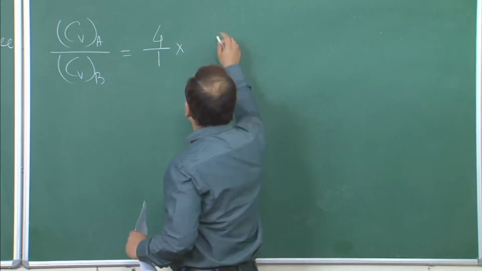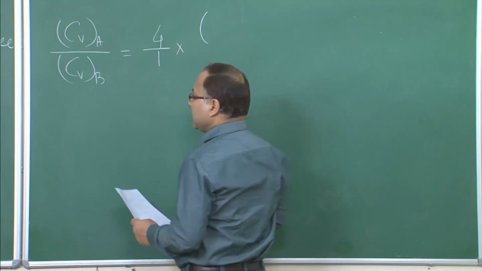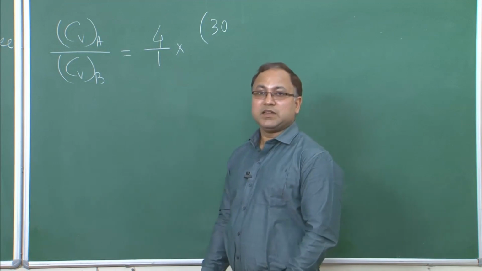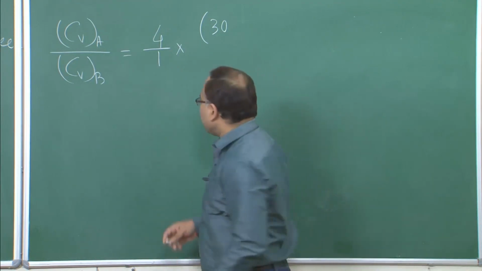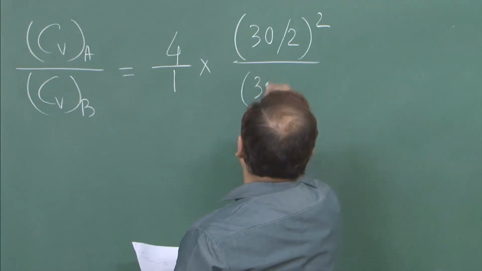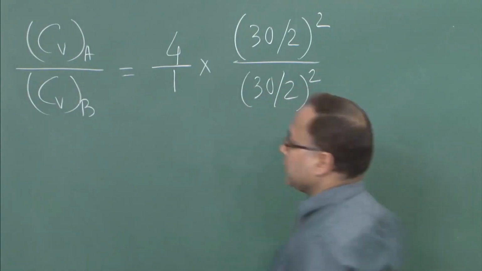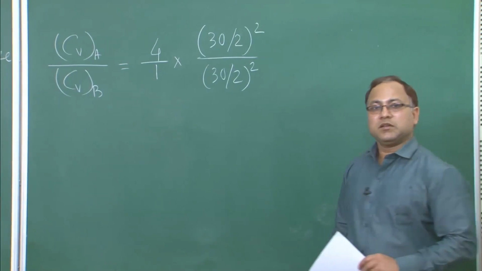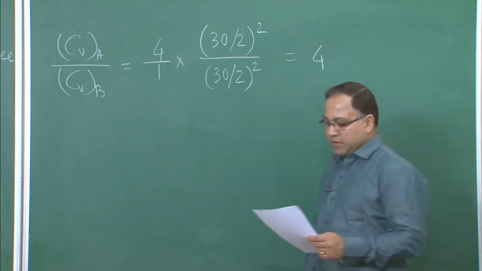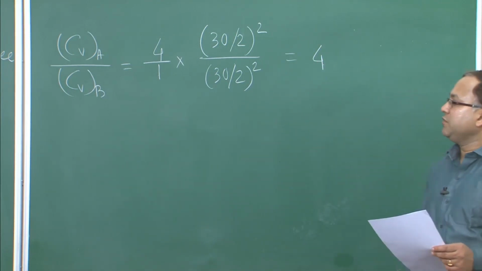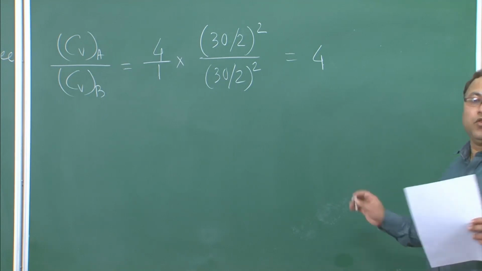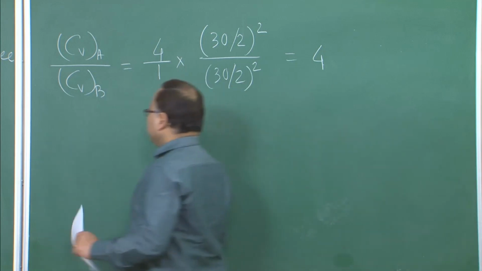So, your H dr square will be 30 by 2 whole square divided by 30 by 2 whole square, because 30 centimeter was the thickness of the sample, and the thickness of both the samples is the same. So, from this I get the ratio of CV for sample A and sample B is 4.